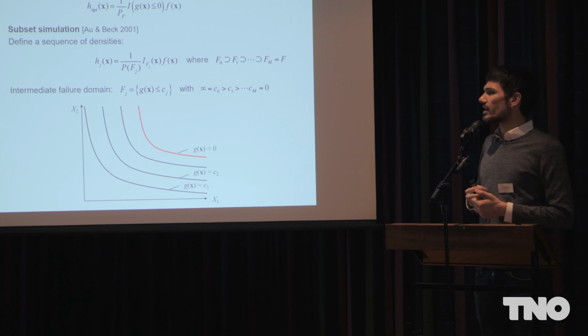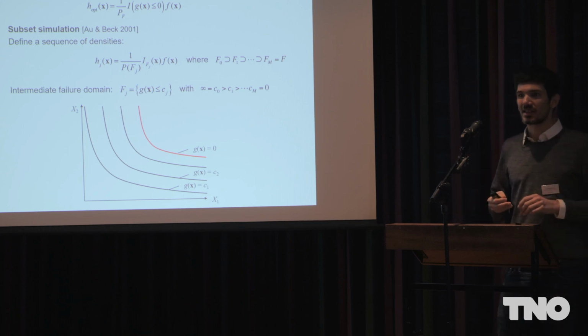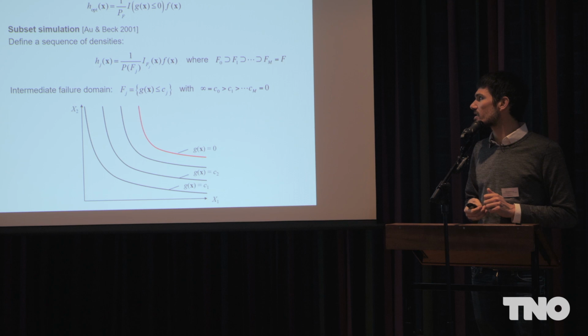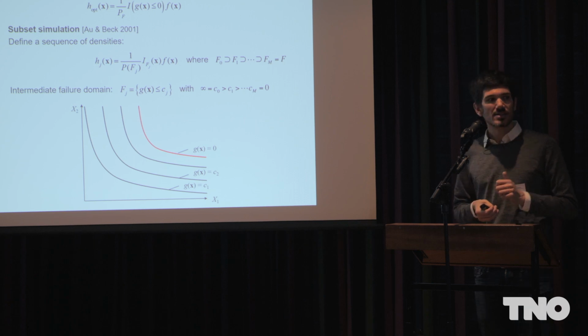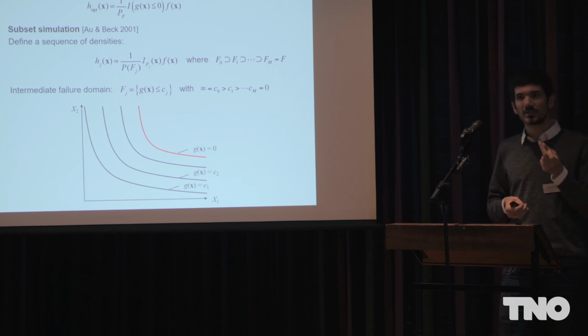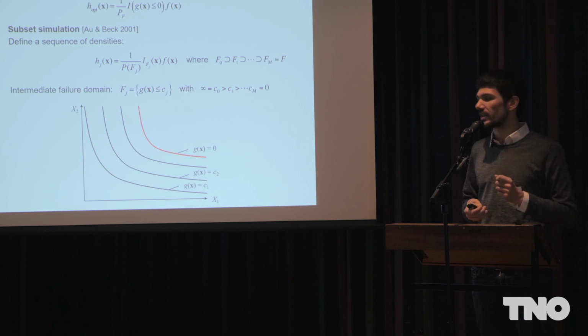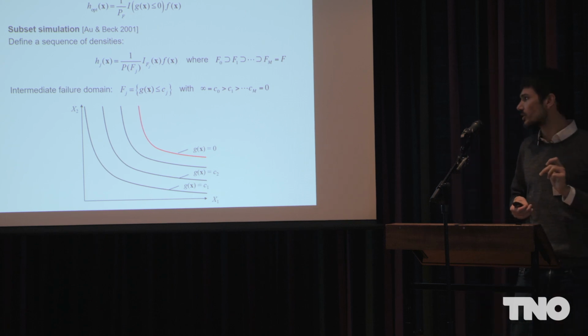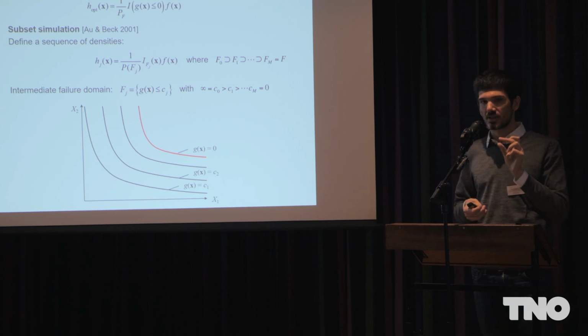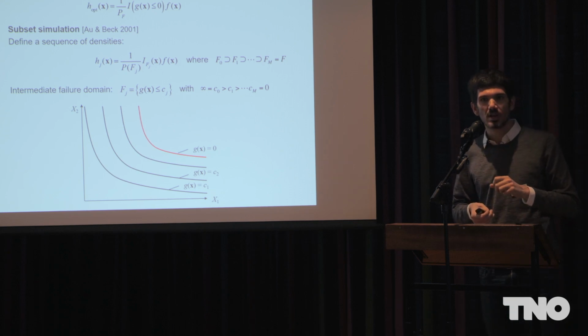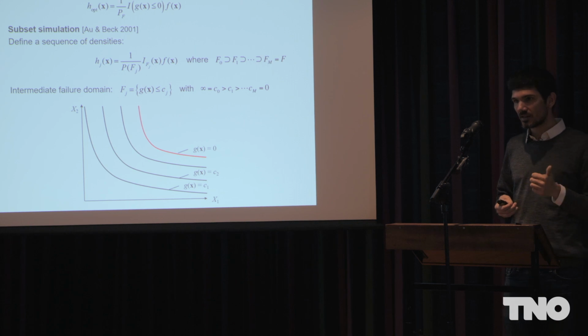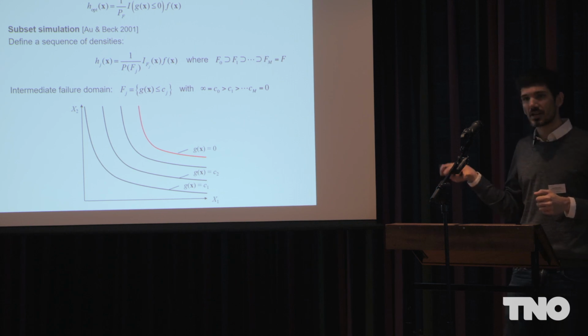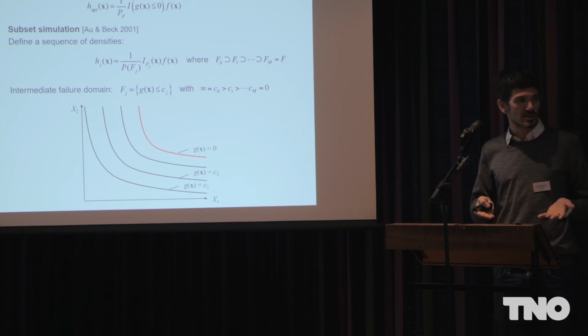What is the particular consequence of using this distribution sequence? Actually, when you go and evaluate these weights, when you want to perform the resample-move scheme to sample the next distribution, you will get weights of 1 if the samples lie in the next failure domain and 0 else.